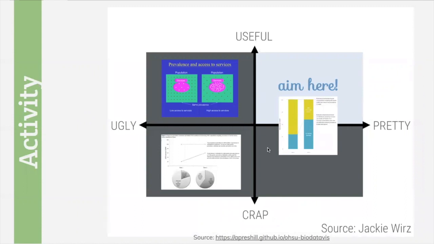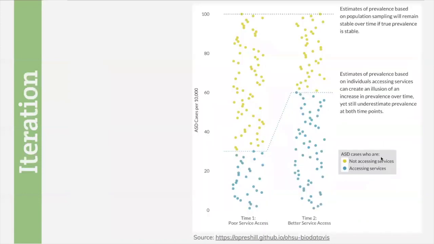Now, all three of these show the same information, but this last one is both aesthetically pleasing and the most useful. So there are things you can do to change and make it even more useful by maybe showing the underlying data.